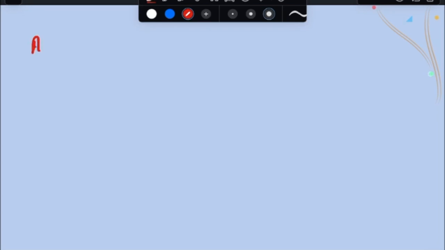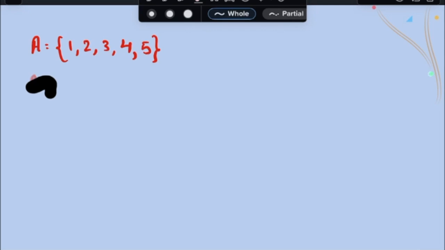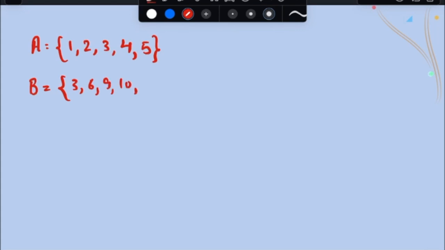If I take a set A, for example 1, 2, 3, 4, and 5, and one more set B, for example 3, 6, 9, 10, 11.